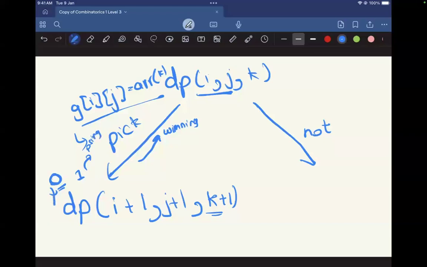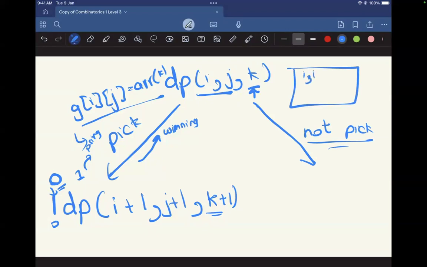Basically, not of DP[i+1][j+1][k+1] is going to be my value. Now, if I don't pick it up, do you agree that I have to search for the kth element in my subgrid (i, j) to (n-1, m-1)? Yes or no?